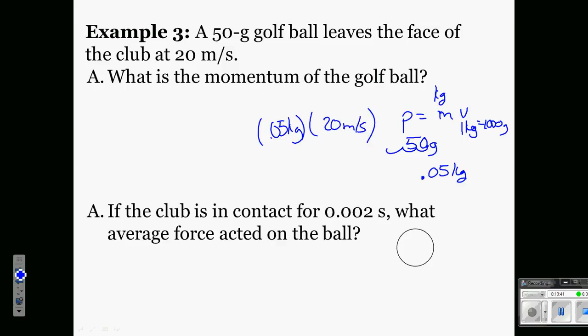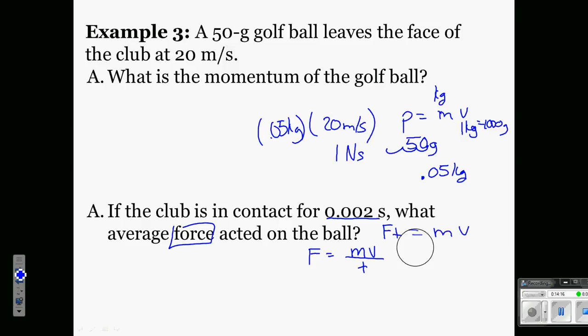and what I get is a 1. You may have already done that. N·s. And then it says if the club is in contact for 0.002 seconds, I want to know what my force is. Well, remember my force is my mv divided by t, because remember this.